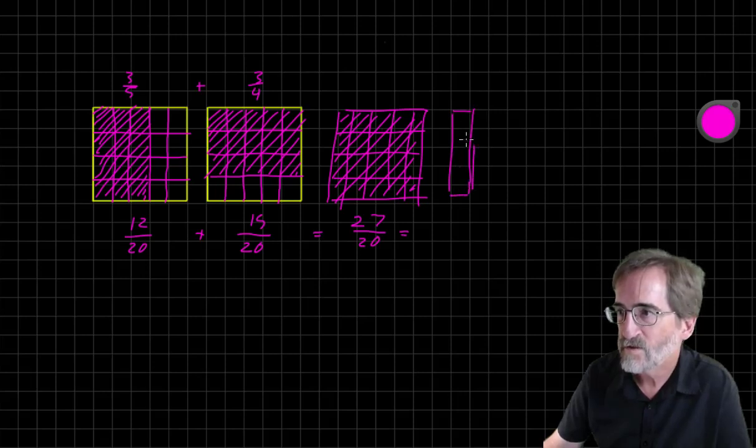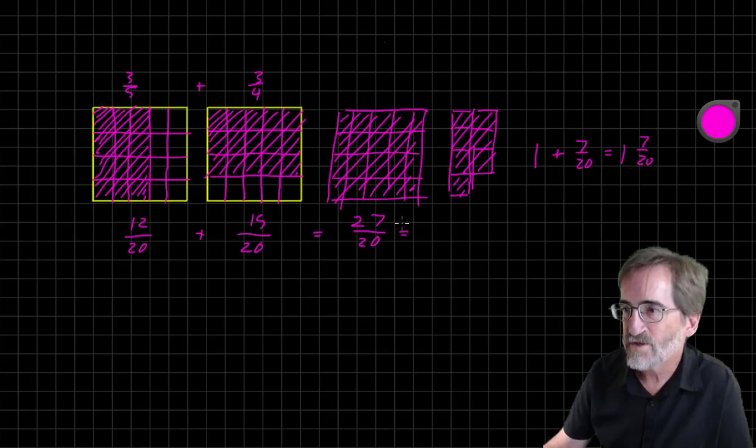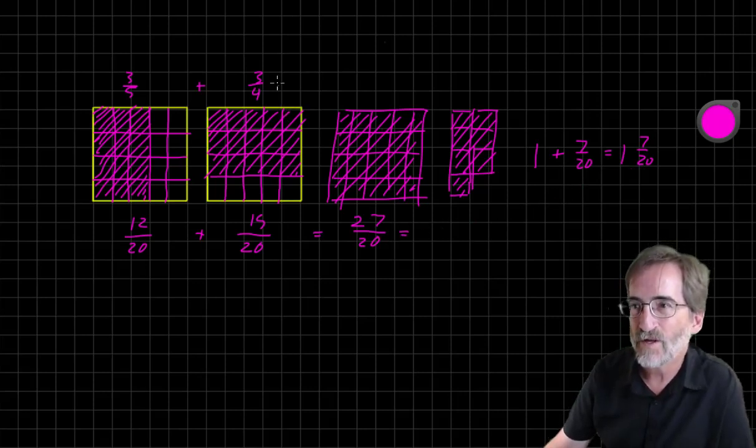So here's 4, 5, 6, 7. So they are 1 whole and 7 20ths. Or as a mixed number, 1 and 7 20ths. Or as an improper fraction, 27 20ths.